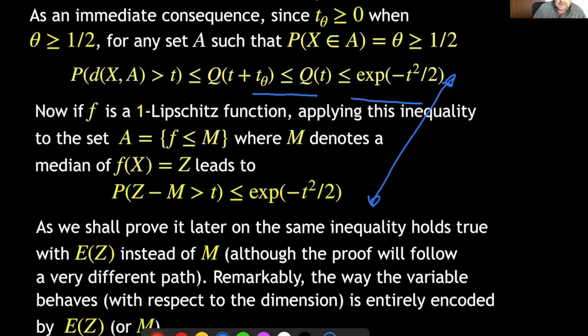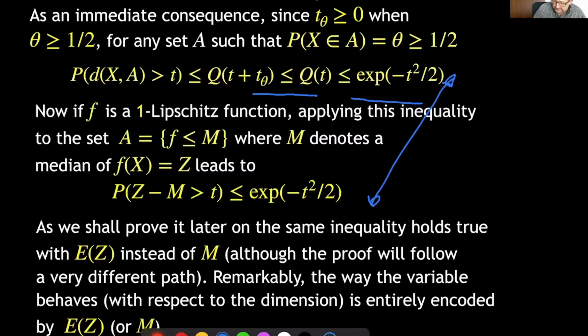So what is nice is that the same inequality holds true for the expectation instead of the median, which for the application is very good news because it's often easier to work with the expectation. But the proof will follow a very different path, as we shall see later on.